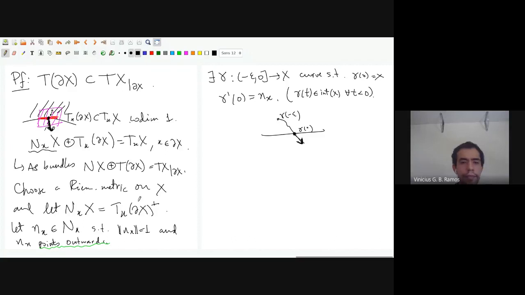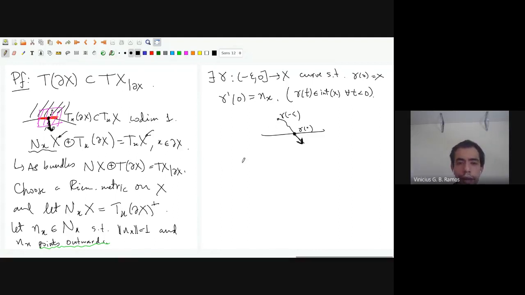Okay? So basically, now this guy here is a basis of this normal bundle, which has dimension 1. And then because we have an orientation here, and we have this choice of n_x here, that induces an orientation in this part. That's what I want to explain now.